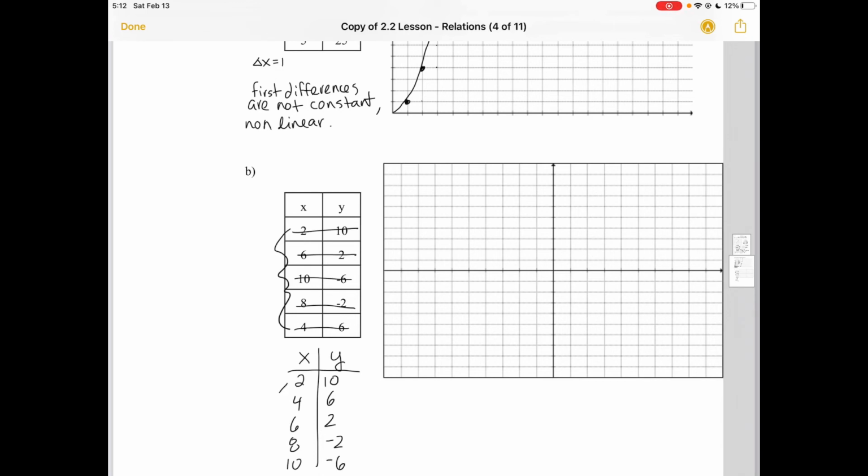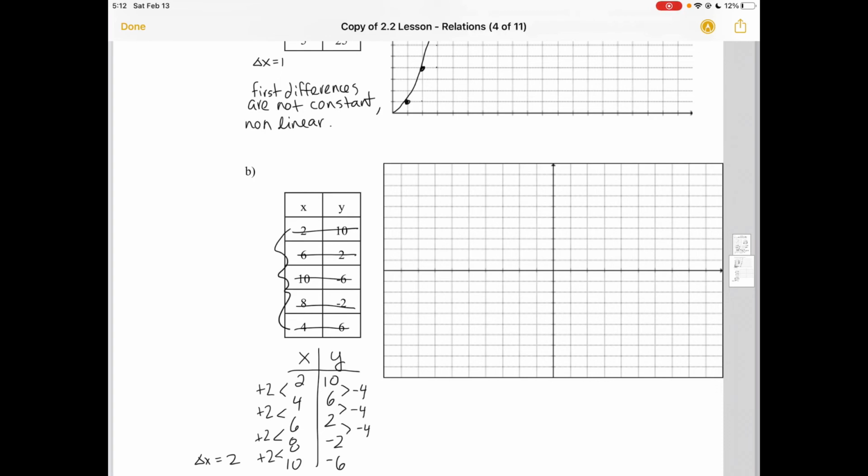Now I can check my differences between the x. So I'm going up by 2, up by 2, and up by 2. So my change in x is 2. And I'm going to look at my y's. Between my first two, I'm going down by 4. My second two, I'm going down by 4.